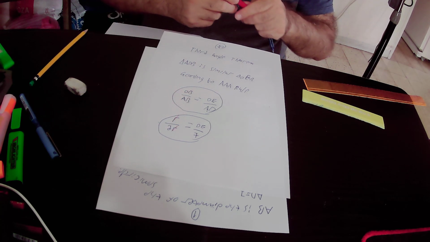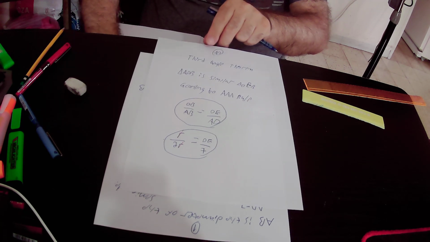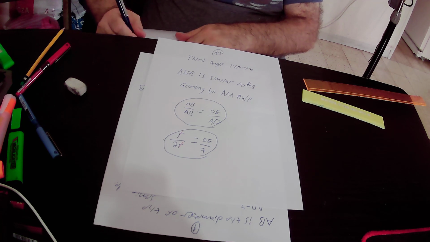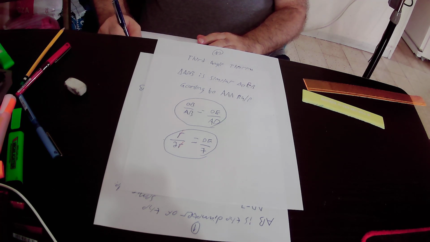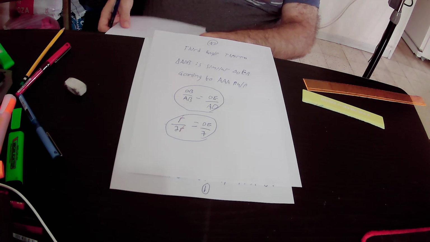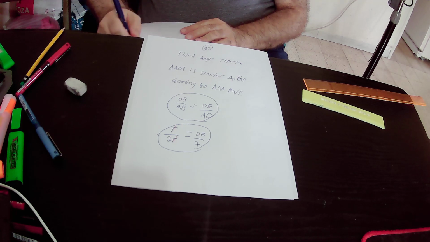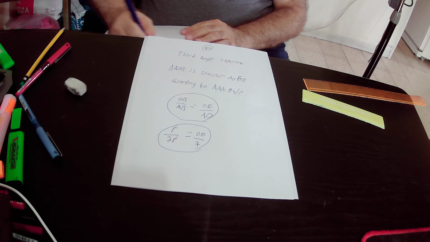So we got that 1 over 2 equals OE over 7.